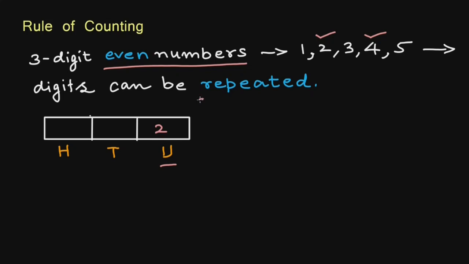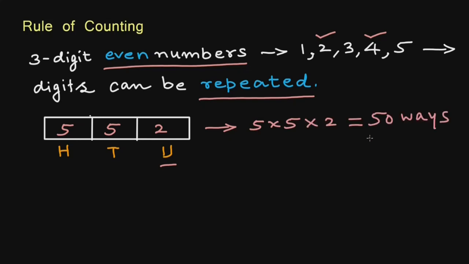Secondly, since repetition of digits is allowed, both hundreds and tens places can be filled in 5 different ways and 5 different ways. So the total number of ways in which three-digit even numbers can be formed from these 5 digits will be 5 multiplied by 5 multiplied by 2, 50 ways, or 50 such numbers can be formed.